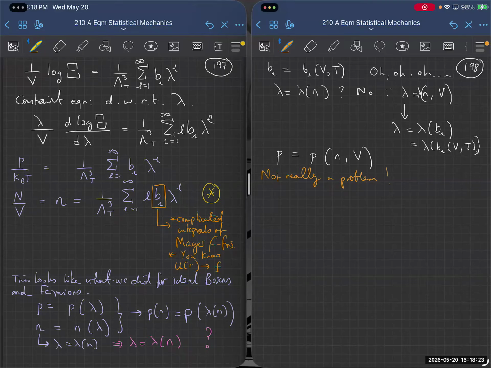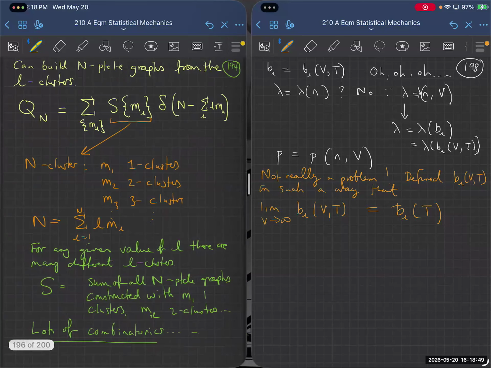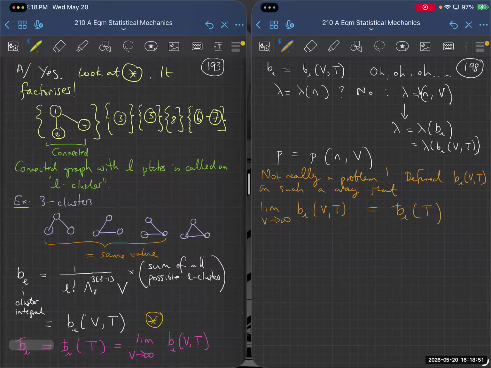Because we defined the cluster integrals in such a way that B_L of V and T, as I take the limit V goes to infinity, is equal to a new function, B_L of T, and I defined them with all sorts of weird factors so that would happen.